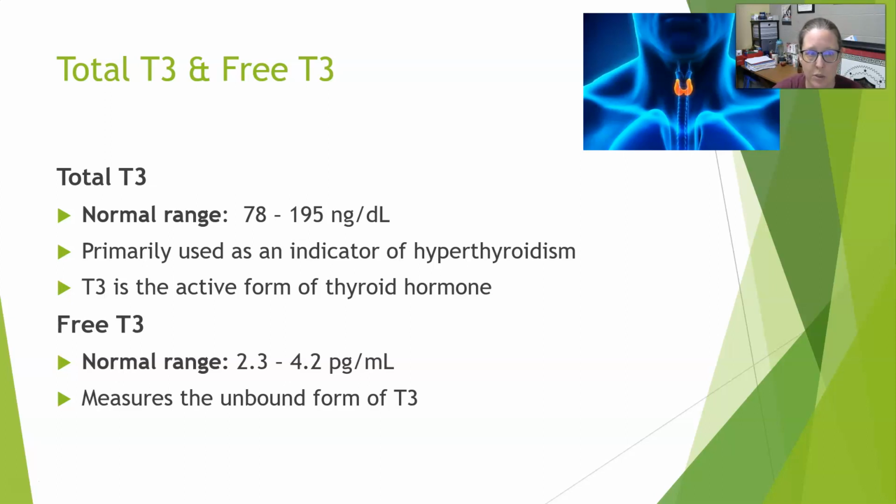So seeing too much total T3, too much of the active form, we know there's hyperthyroidism. And free T3, the normal range is 2.3 to 4.2 picograms per milliliter. That's a small measurement. It measures the unbound form of T3, again the most biologically active one.